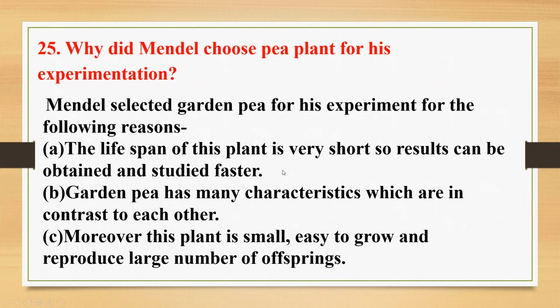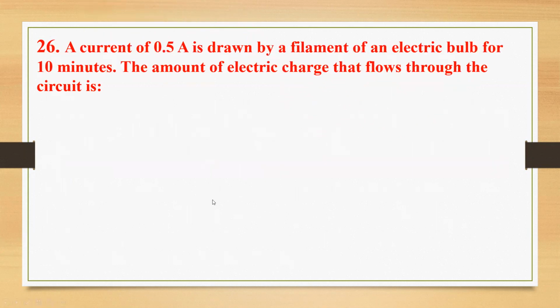Let's move to another question, which is the last question in this module under section B and also in this video. 26th one: a current of 0.5 ampere is drawn by a filament of an electric bulb for 10 minutes. The amount of electric charge that flows through the circuit is: what is the current?